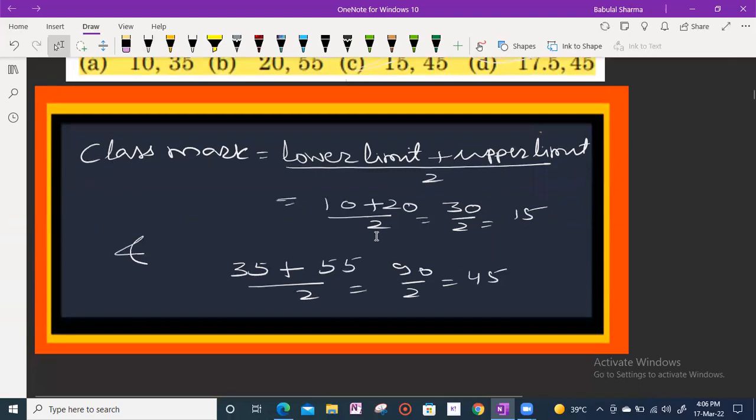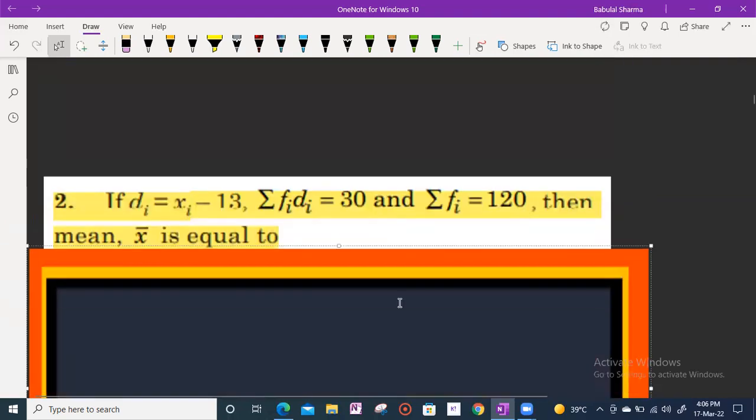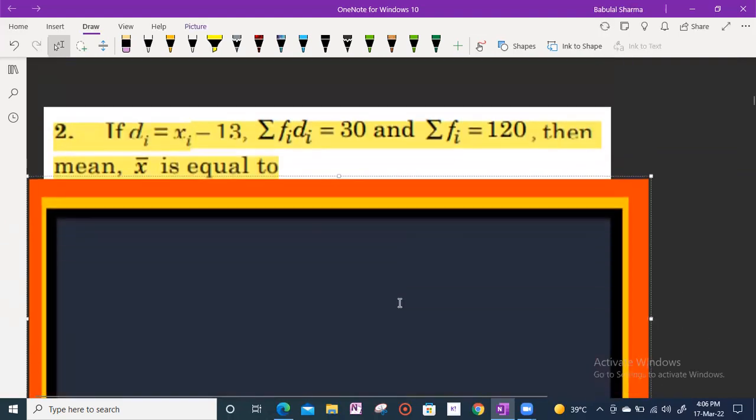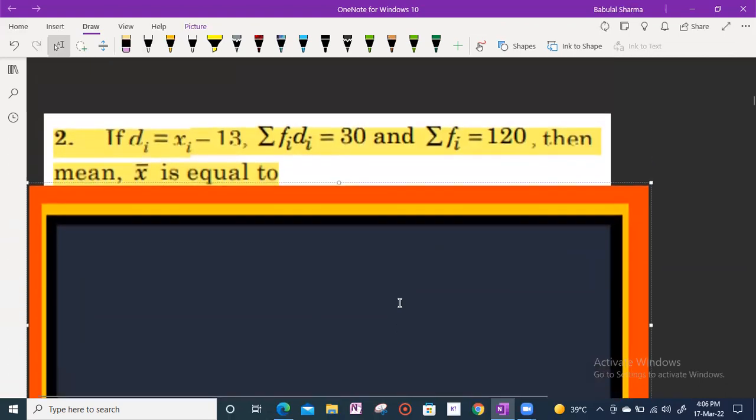Now we come to the second question. In this question 2, if Di, that is Xi minus 13, and the total of Fi into Di is 30, and the total of frequencies Fi is 120, then what is the mean? The symbol X bar is the mean.